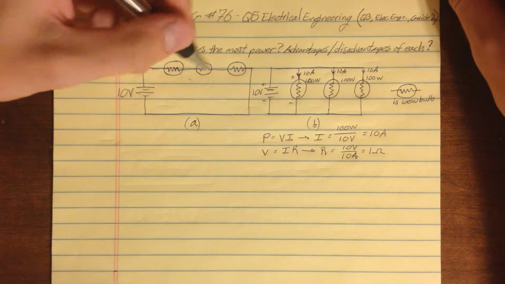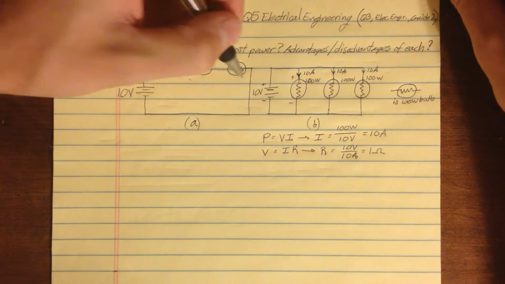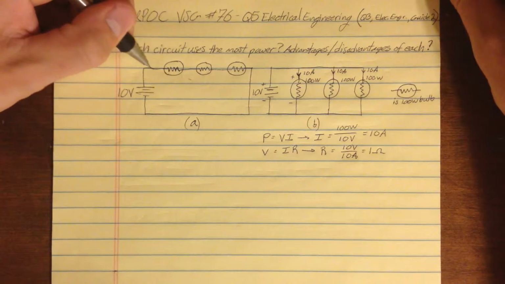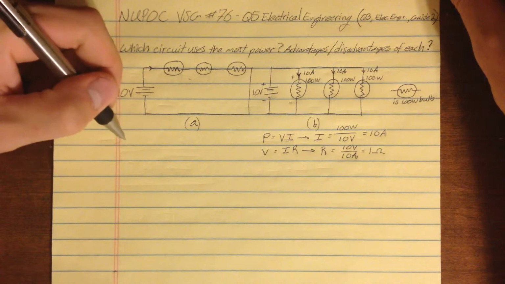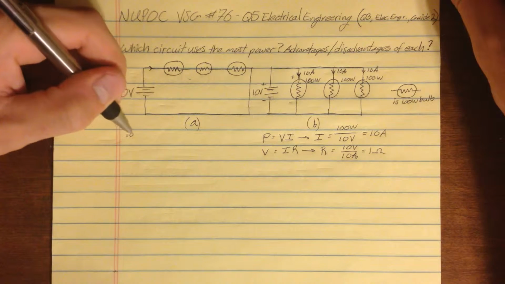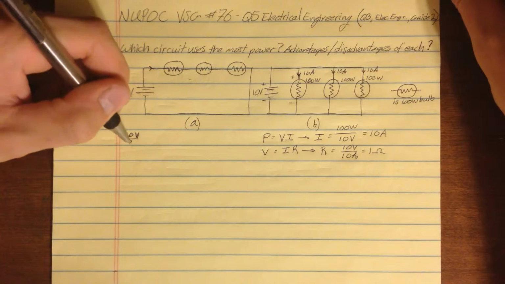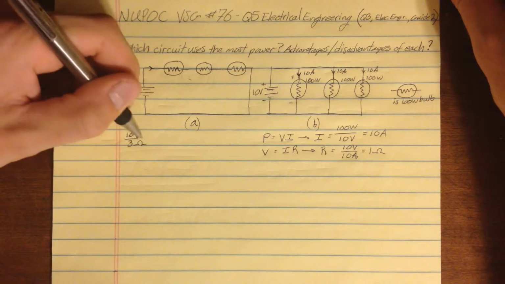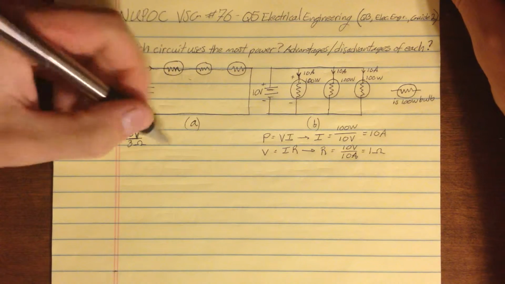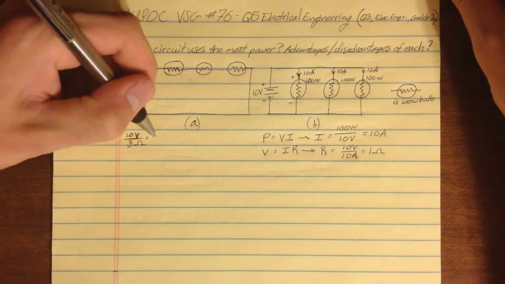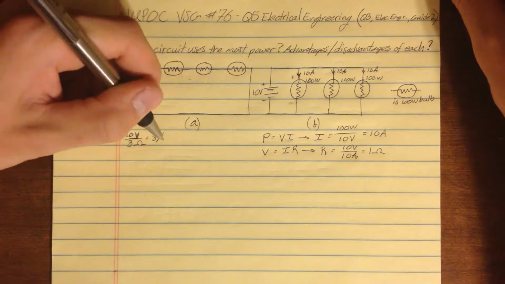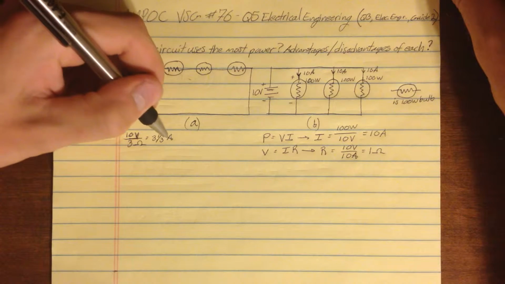If you do that, what you end up with is this current here would be 10 volts over 3 ohms, using this relationship again. So it ends up being 3 1/3 amps.